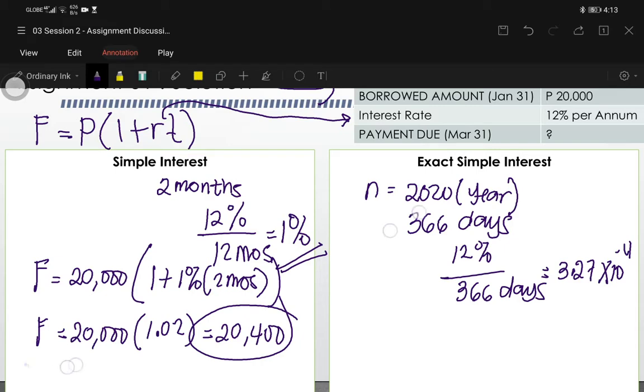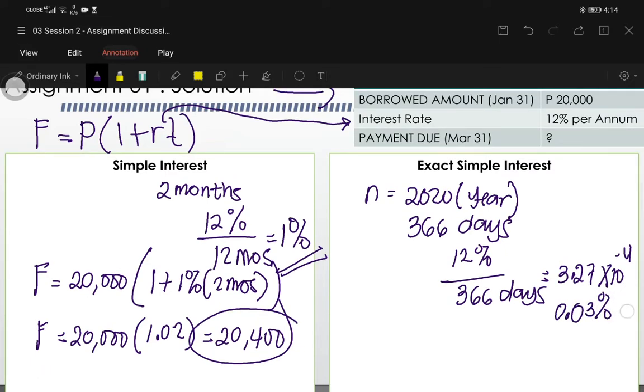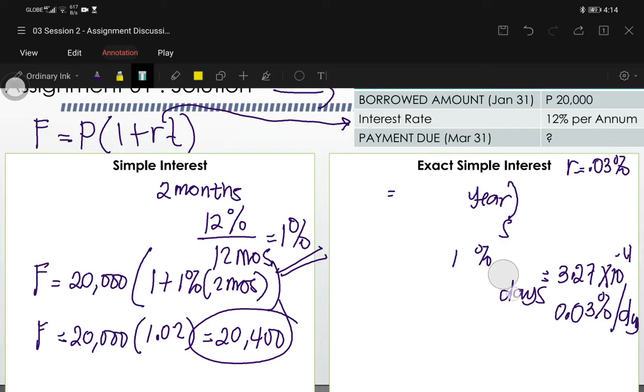Your interest rate would be equivalent to 0.03% per day. So, given that your R is equal to 0.03%, I'll erase the rest of the computations.